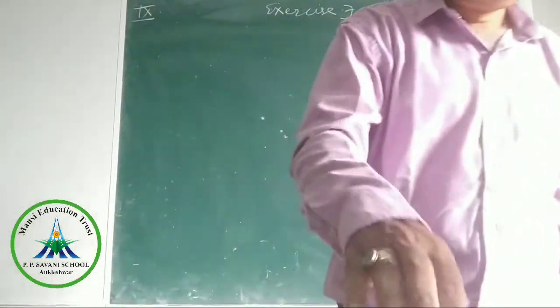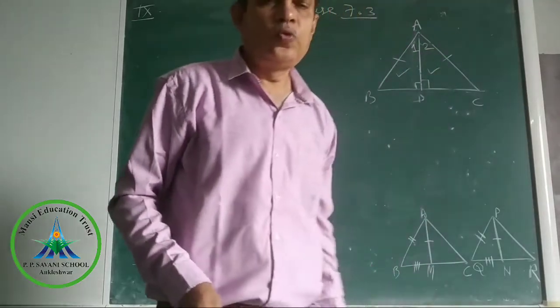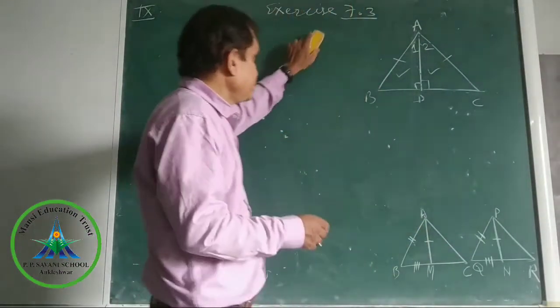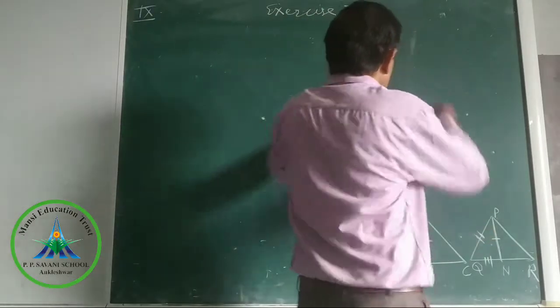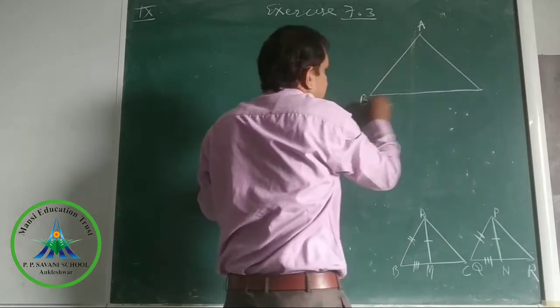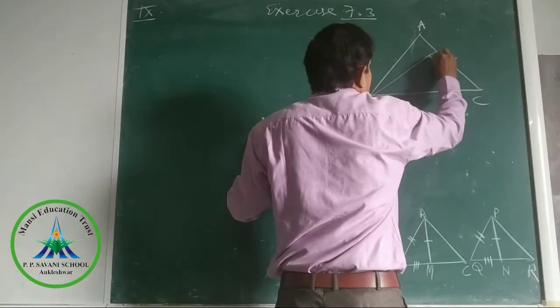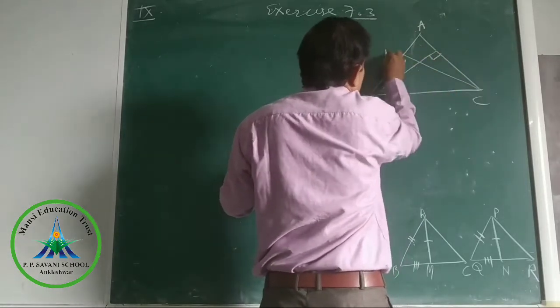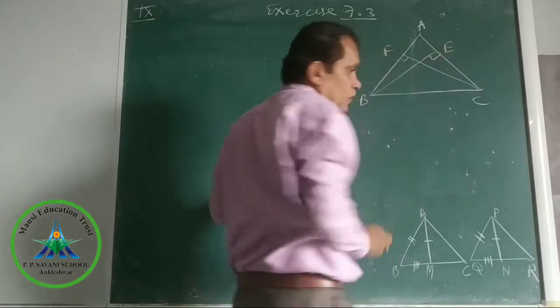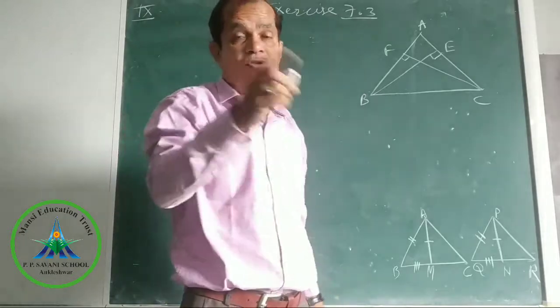Now, we will see example number 4. See, BE and CF are two equal altitudes. I am drawing triangle. They give triangle ABC, BE and CF are two equal altitudes.